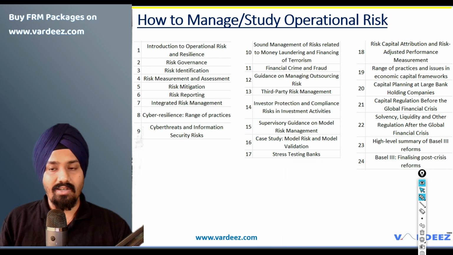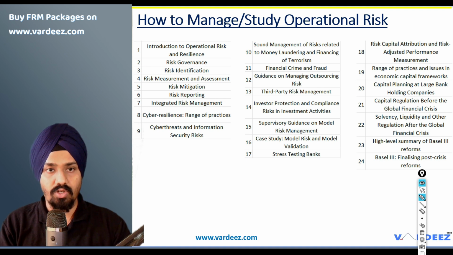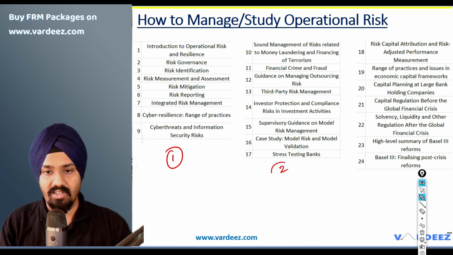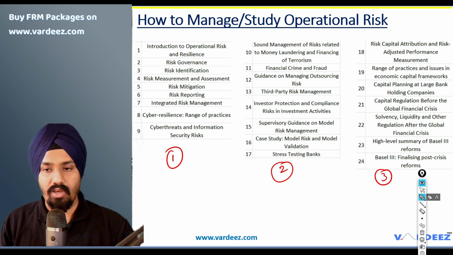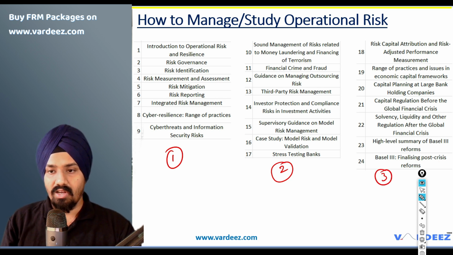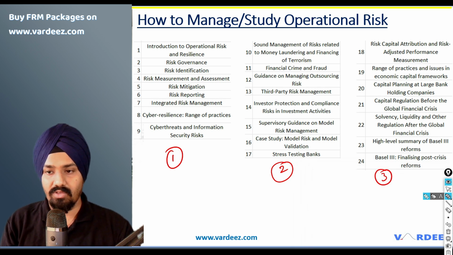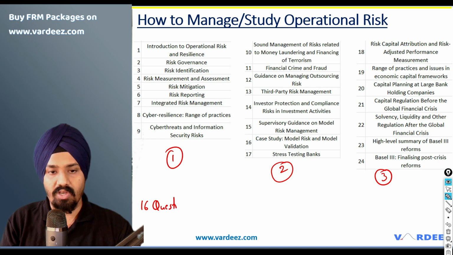Now, I have divided the entire syllabus into three portions, or three buckets. This is bucket number one, this is the second part, and this is the third part. The reason is that there are going to be 16 questions on operational risk on the exam.